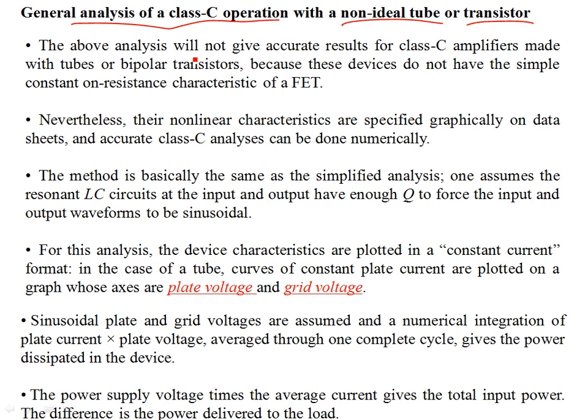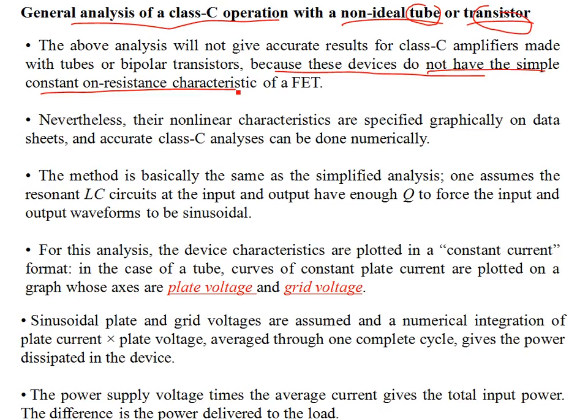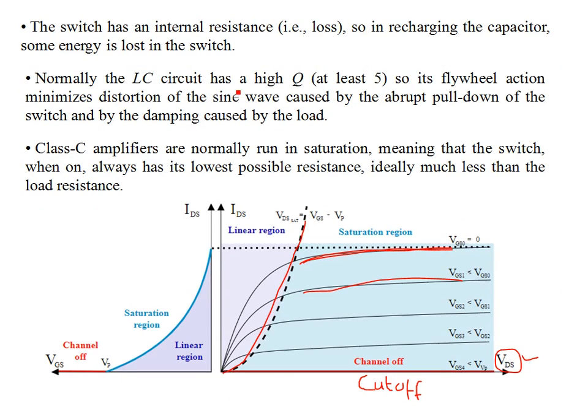So the above analysis that we have considered with the FET is not valid. Why? Because these devices, the non-ideal vacuum tube or the BJT, bipolar junction transistor, do not have a simple constant on resistance characteristic, which implies they have different IV characteristics, different characteristic curves, unlike the JFET, which we have seen over here.